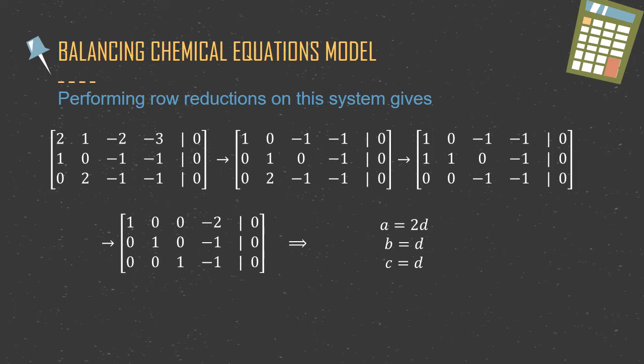Continuing the reduction step by step, for our final matrix, we have 1, 0, 0, negative 2, 0; 0, 1, 0, negative 1, 0; 0, 0, 1, negative 1, 0. Okay, so we have A is equal to 2D, B is equal to D, and C is equal to D. That is using our row reduction.